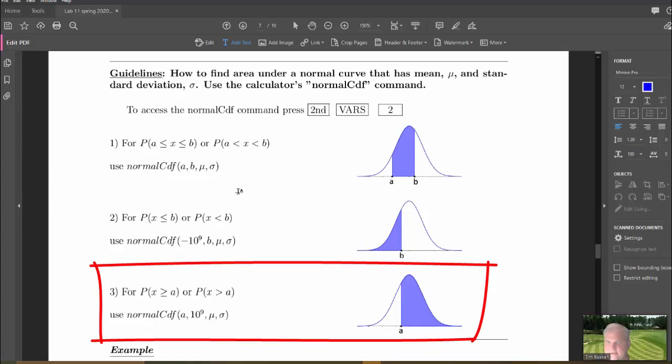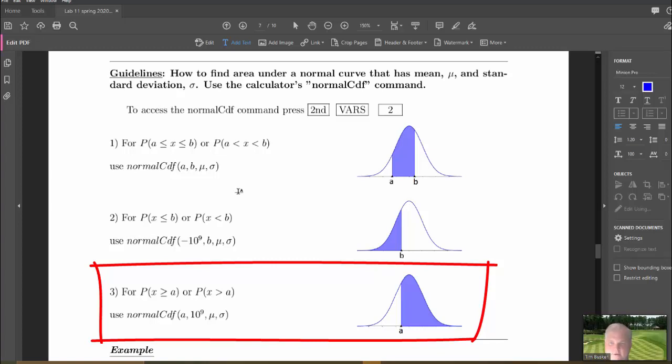The third case, we're asked for the probability x is greater than or equal to a, or simply the probability x is greater than a. In our picture, we're locating the value a. We're shading to the right since it's a greater than, or greater than or equal to. Whereas in the second figure, since we're being asked for less than or equal to, we should be shading the area to the left of b.